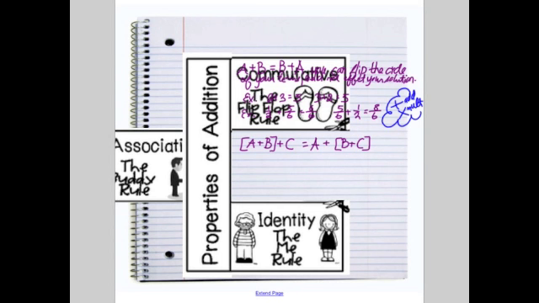And keep note that when we use these bracket things, what that means is that you're going to do this part first. So the associative rule doesn't necessarily change the position of the numbers like the commutative rule. It changes the order in which we do things. So you can rearrange the grouping of a problem without affecting the solution.